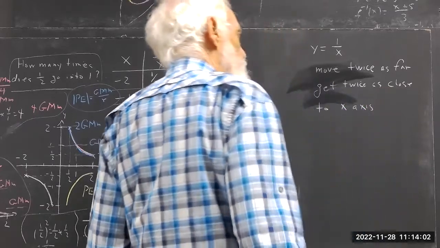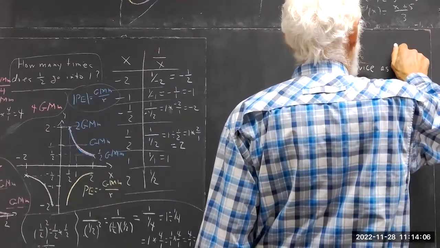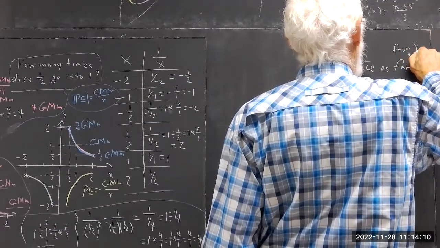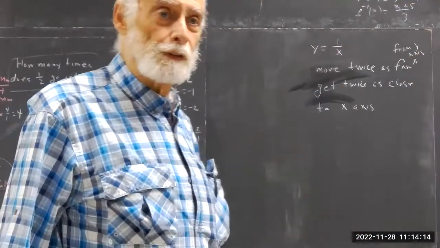When I say twice as far, it's implicit from what I just said: twice as far from the y-axis, you get twice as close to the x-axis.